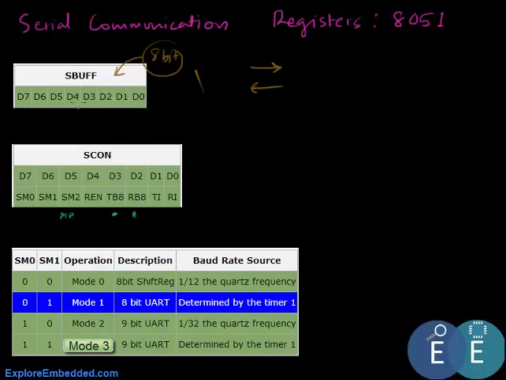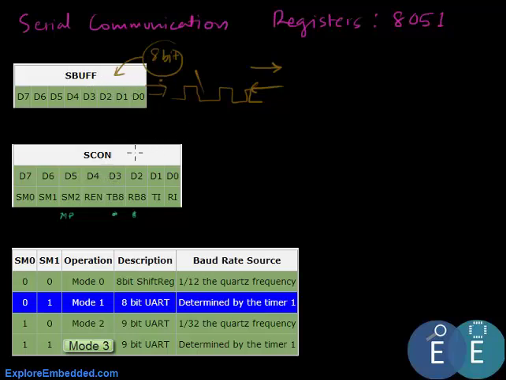What this register actually does is it takes data 8 bits at a time from another register, and then it transmits this data serially. The UART unit inside 8051 converts this into serial data and it transmits. This is called the buffer register, which holds the data for transmission and reception.